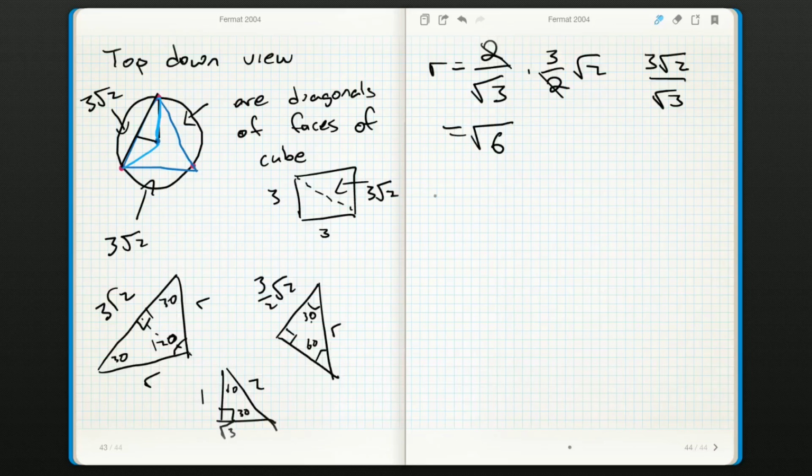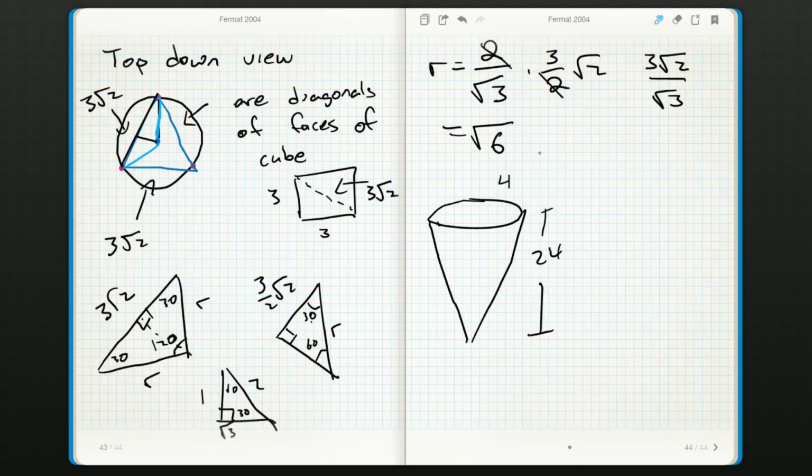What to do now? So what was the next part of the plan? So we know that the cone is 4. That's a terrible picture. It's 4 to 24 in terms of the ratio of radius to height. I now have the radius of this smaller circle.